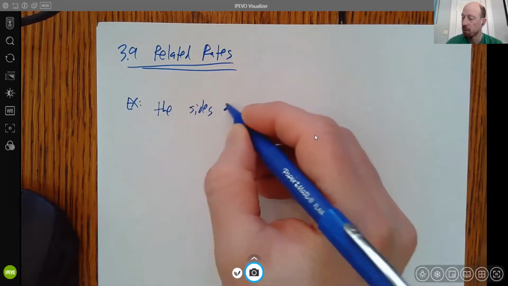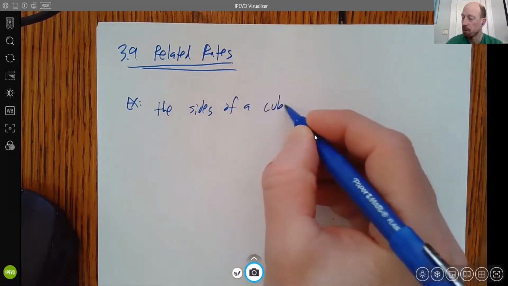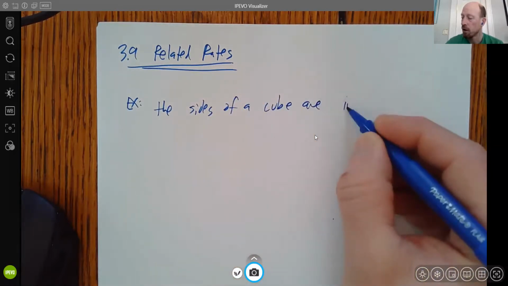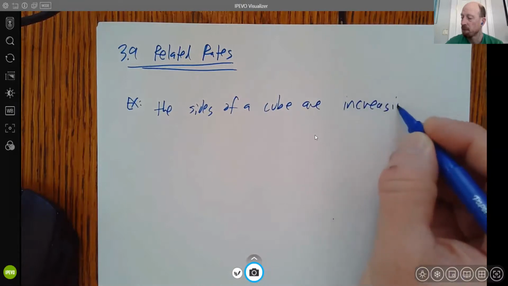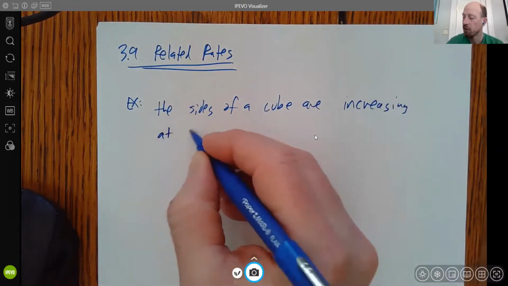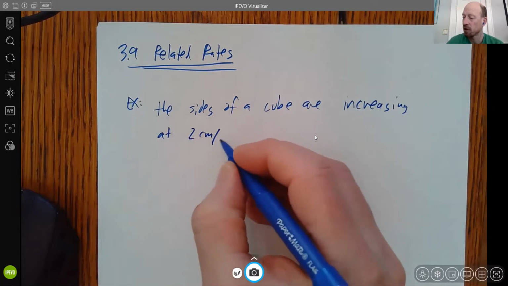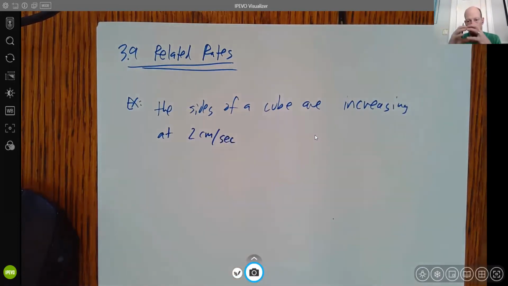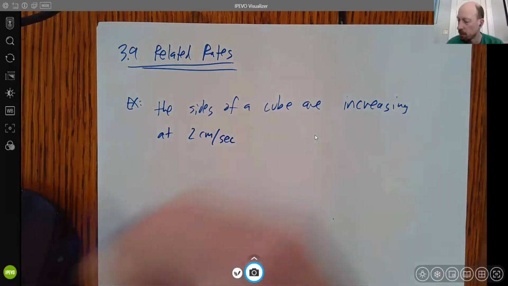The sides of a cube are increasing at 2 centimeters per second. All right, so you have this cube and it's expanding. The sides of the cube are increasing at 2 centimeters per second.